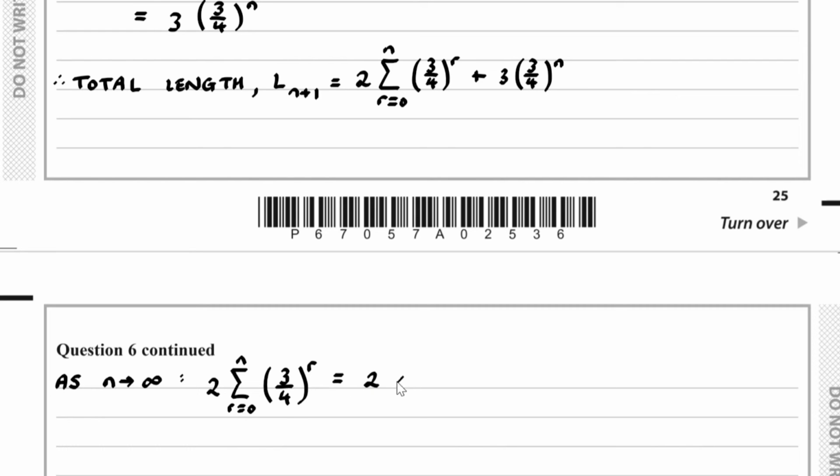Well, we've got twice of, because we've got a geometric series, the first term is going to be 3/4 to the 0, which is 1. And then we're going to divide this by 1 subtract the common ratio, which is 3/4. And if we work this out, we get 8.